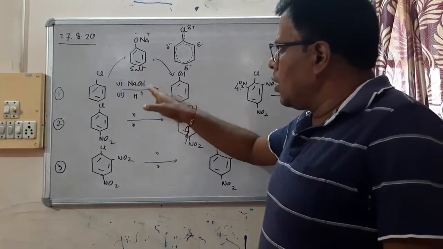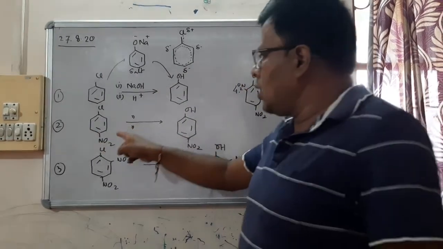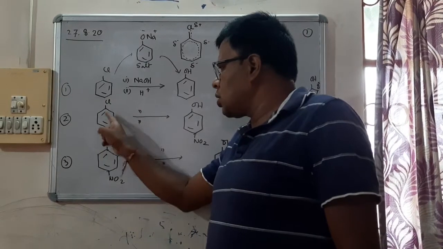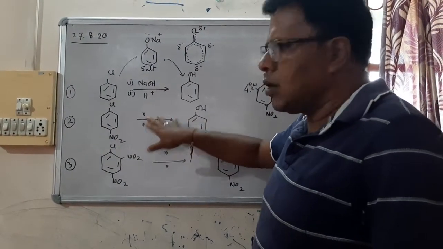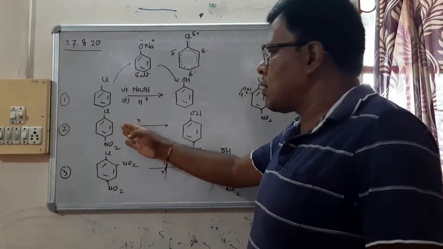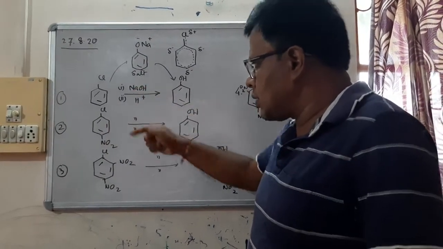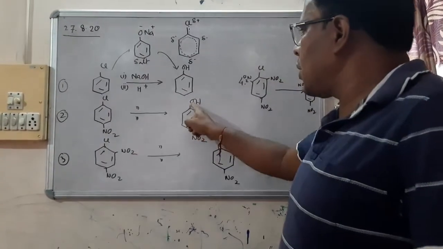Okay. Now in the second case, you see we are taking this compound where at the para position there is a NO2 group. Same reagent, NaOH. We'll see here that the reaction takes place more easily than this case, more readily. So there also Cl gets replaced by OH.